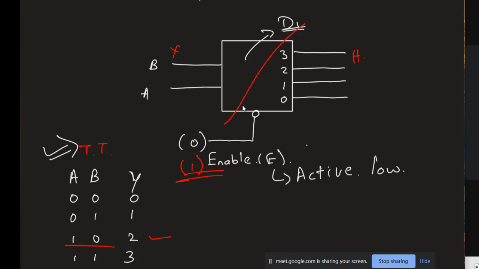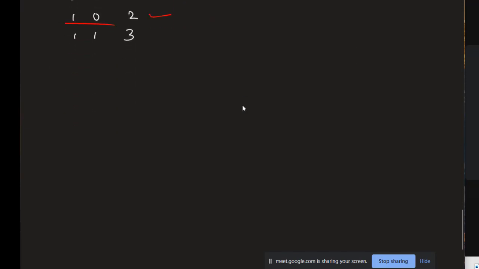There is an IC called 74LS138, and I'm going to draw the diagram for that IC.